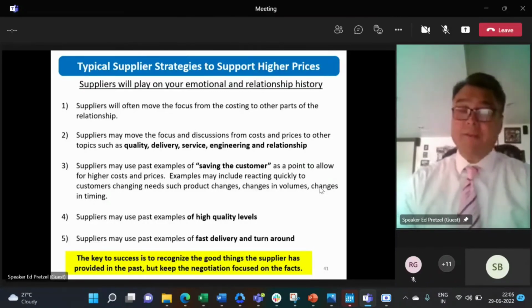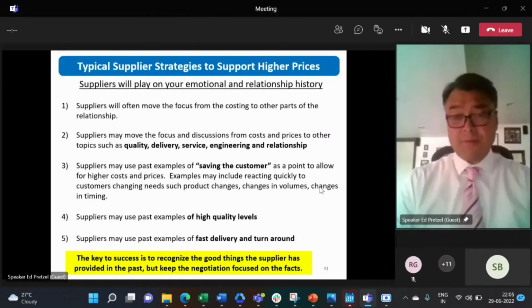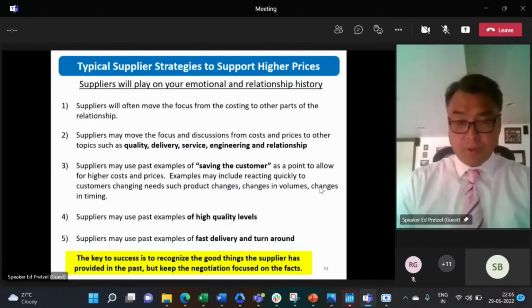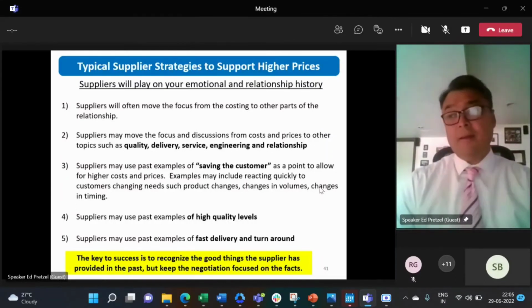They will often cite multiple examples of saving the customer and how that is important, and they'll try to essentially tie that to a higher cost and a higher price. And so what's important is to recognize it, to celebrate it, but it really is not an additional cost.